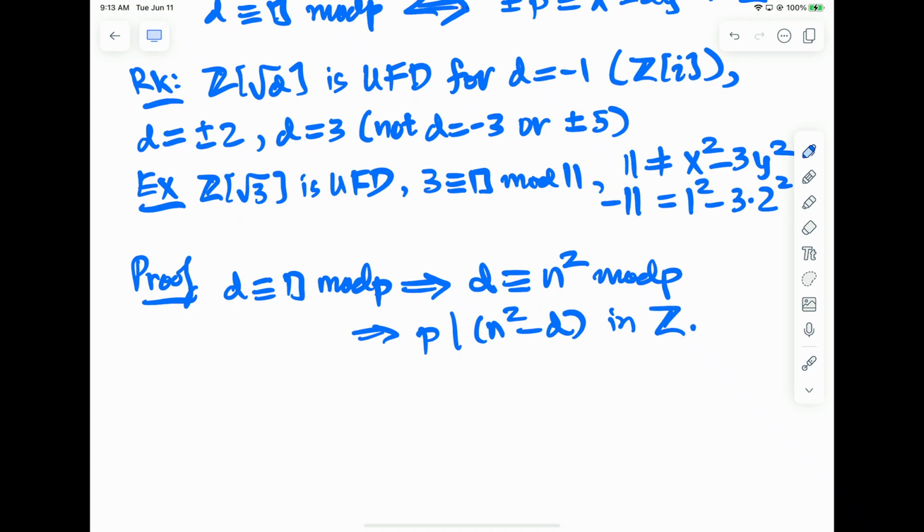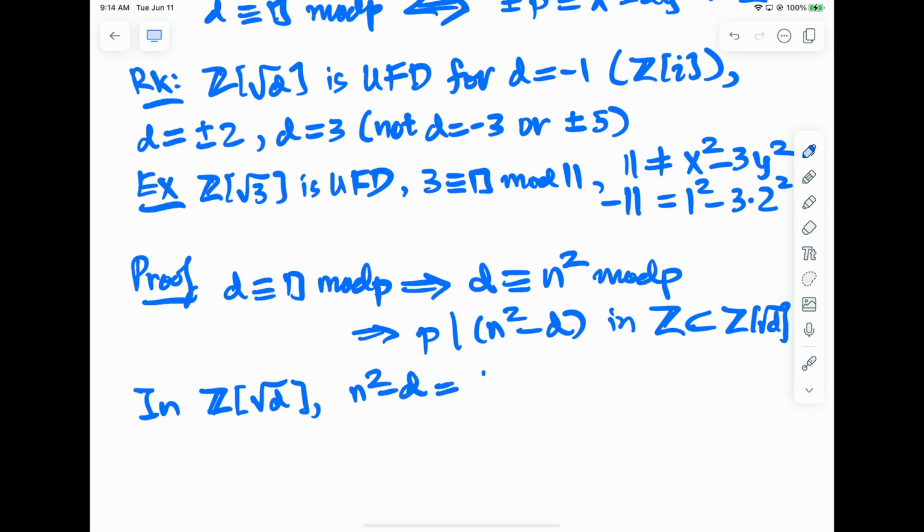Now, if I look in the larger ring, when you have a divisibility occurring, the divisibility is also true in the larger ring, the same terms. But in this larger ring, I can break up n squared minus d. It's n plus root d, n minus root d. So if d was minus 1, we'd be writing n squared plus 1 as n plus i, n minus i.